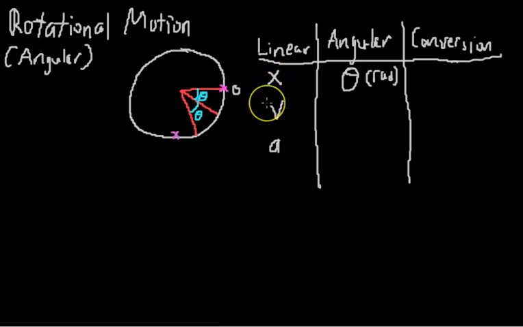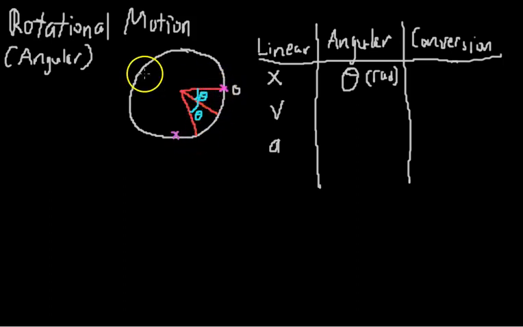So one question that could arise is, first of all, why do this? Why describe motion in terms of angles? One reason it can be useful is because of differences in how things work depending on where they are on a circle. So for instance, imagine that this is just a point going around the edge of a circle, of a wheel for instance.